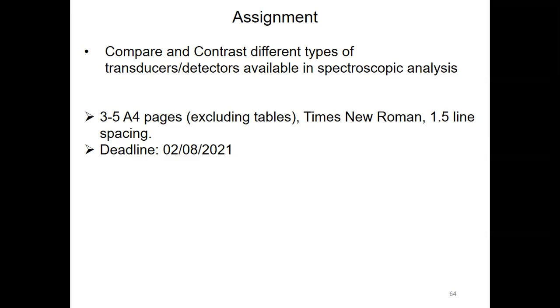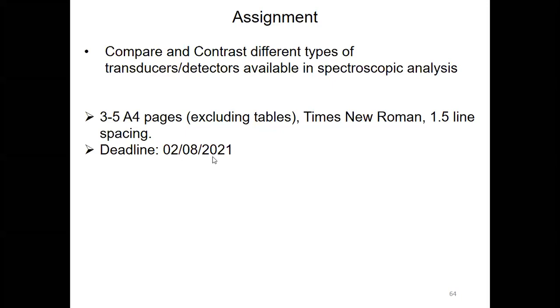Okay, and the size, no need to write a lengthy report. Don't include any unnecessary details, just write to the point. And 3 to 4 A4 pages is enough. But if you need to include a table, then you may need to use more pages.